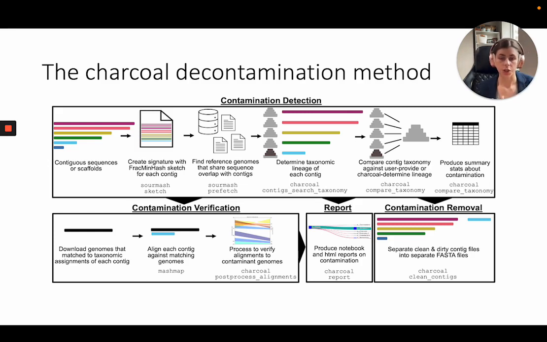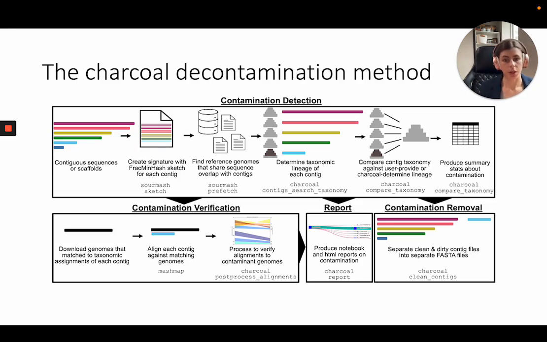After this initial contamination detection stage, you can do one of three or all three of these downstream things. So the first is you can verify the contamination. Taking the contiguous sequence that was a contaminant, it will download the genomes that match to that contig, map the two together, and then show you what that alignment looks like.